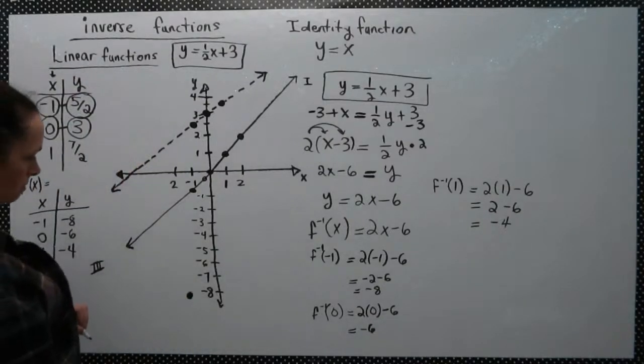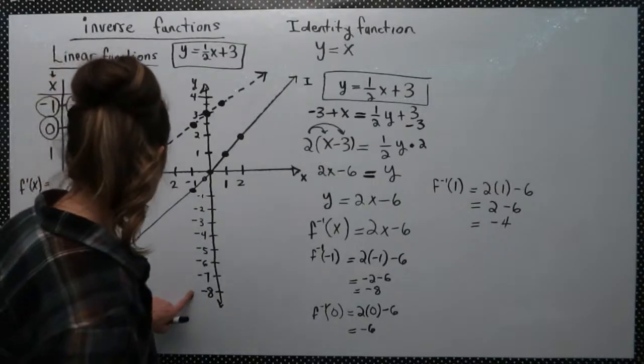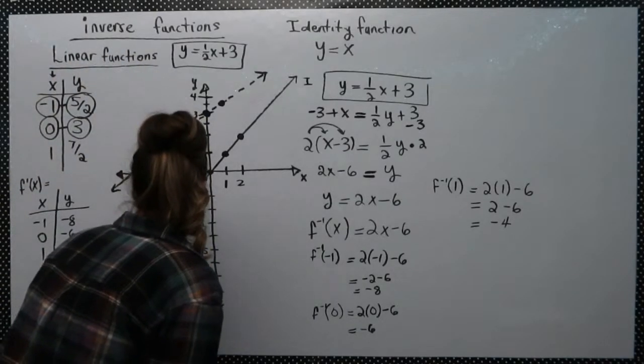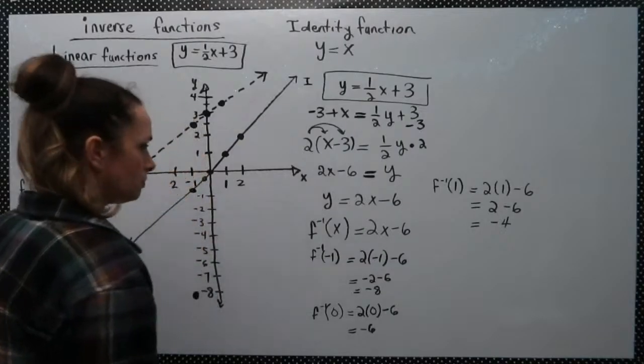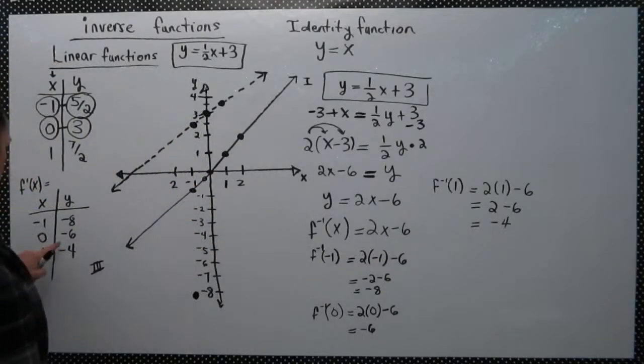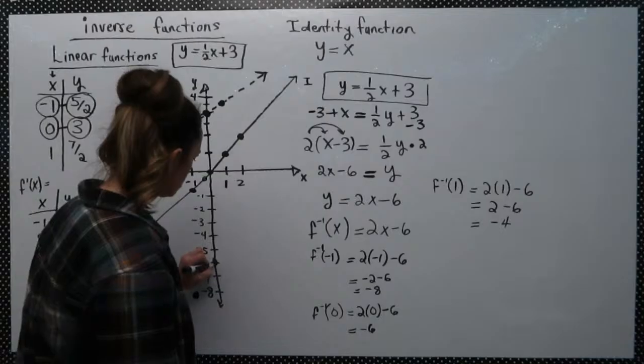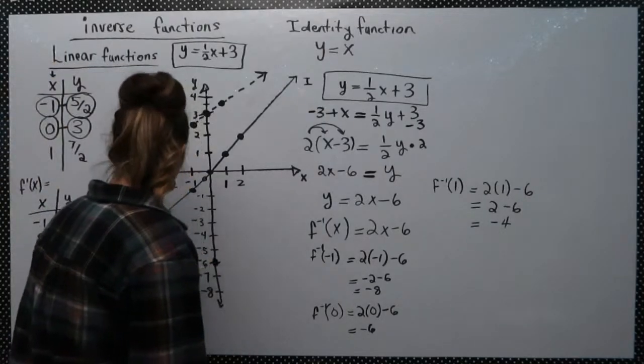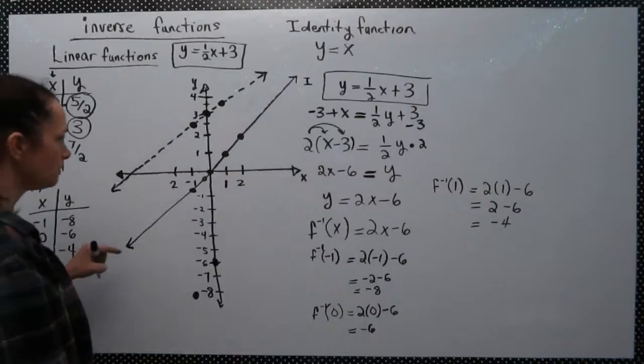And does that look about right? It's a rough sketch, and so it doesn't have to be perfect. You're just getting general behavior. So we got 0, -6. And 1, -4.